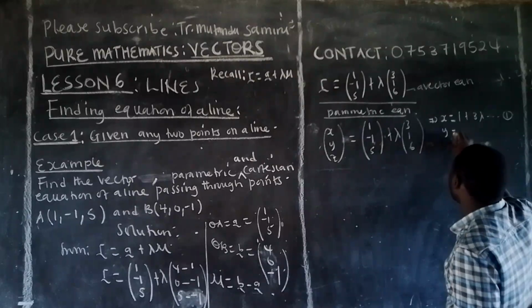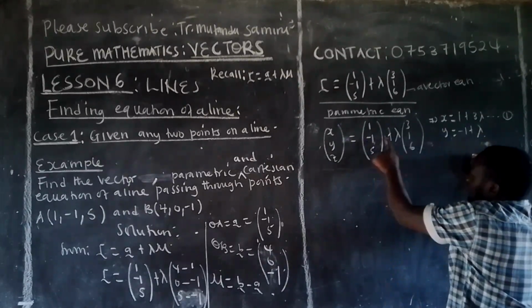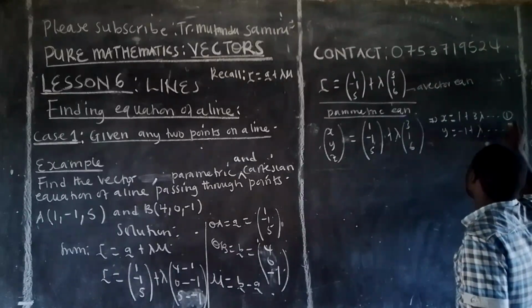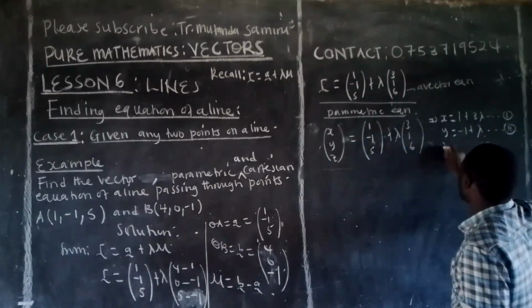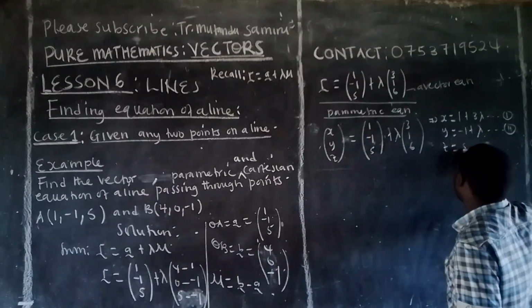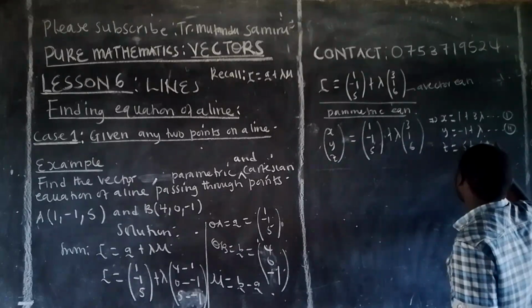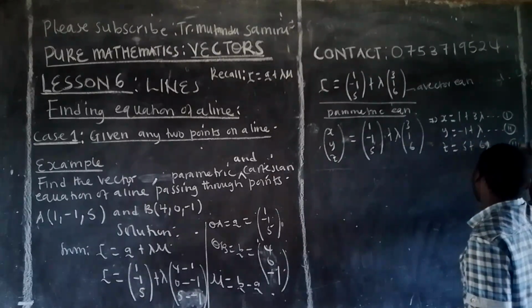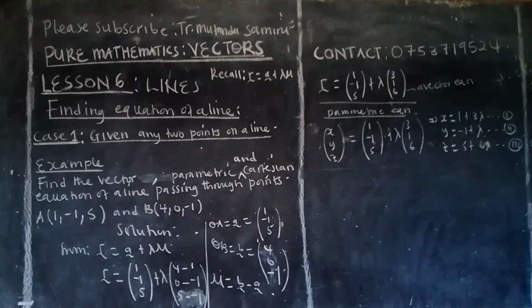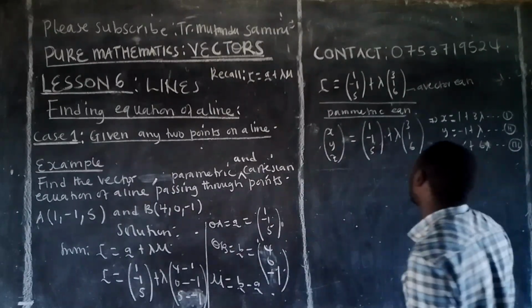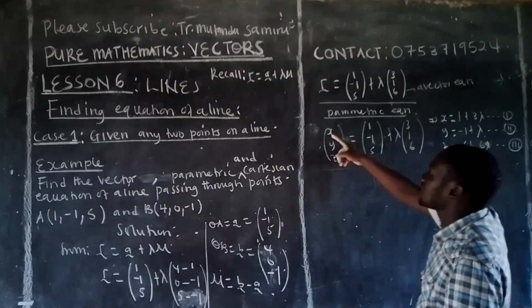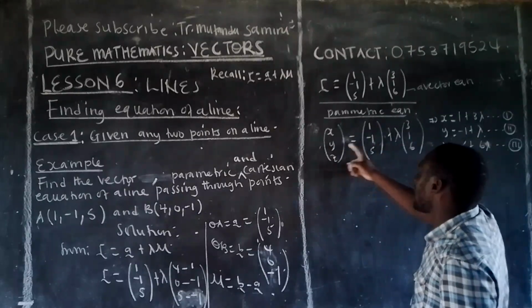Then y is equal to negative 1 plus lambda, that is equation 2. Then z is equal to 5 plus 6 lambda, that is our equation number 3. Those are our parametric equations. Parametric means we make x the subject, equal to that, and the middle one equal to that.